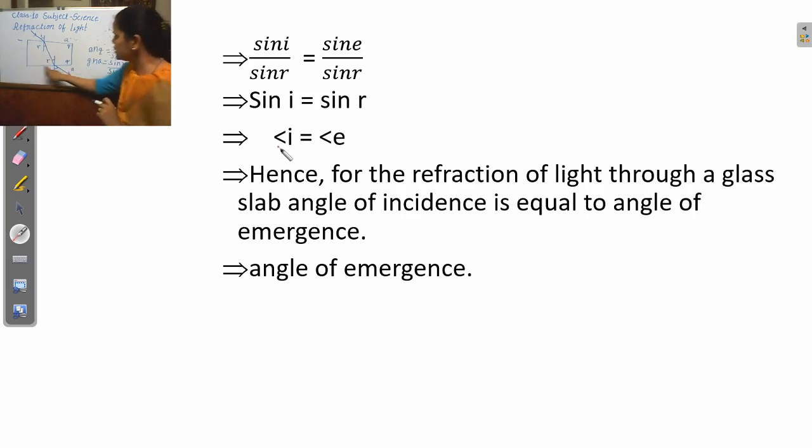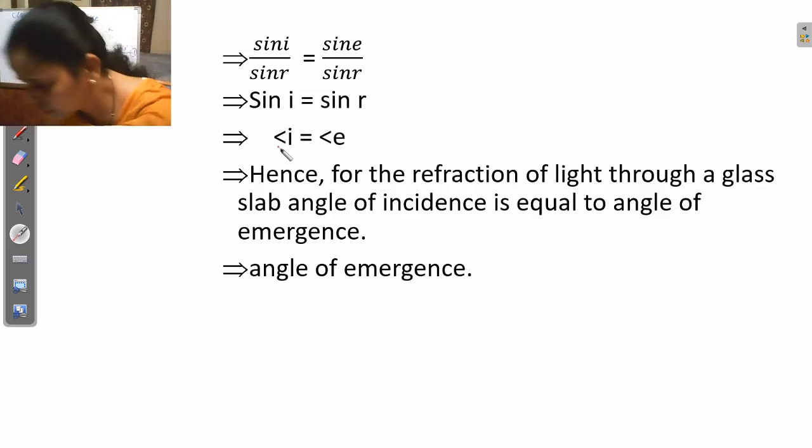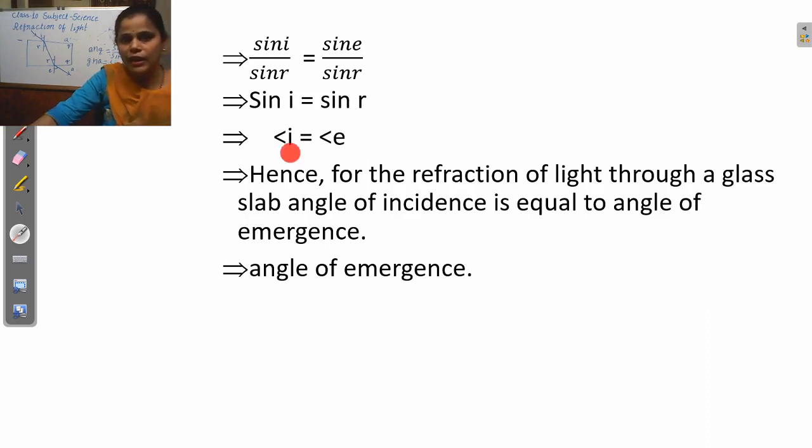And for the second surface, the angle of incidence is R and the angle of refraction is E, so sin R upon sin E is equal to the refractive index of G with respect to A. So just compare: AG is equal to 1 upon GA. We put in both values and solve the equation, and we get angle I equal to angle E. Hence, for refraction of light through a glass slab, the angle of incidence I is equal to the angle of emergence, denoted by small e.